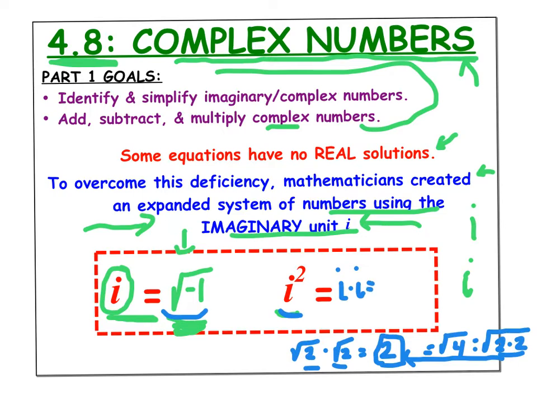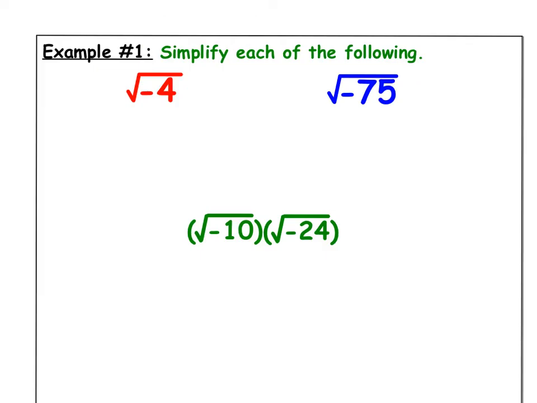And since you have 2 i's, and by definition, i is the square root of negative 1, if you multiply that by another i, another square root of negative 1, the same way that 2 square roots of 2 become 2, 2 square roots of negative 1 becomes just negative 1. So the definition is i squared equals negative 1, due to this similar pattern that we have here.